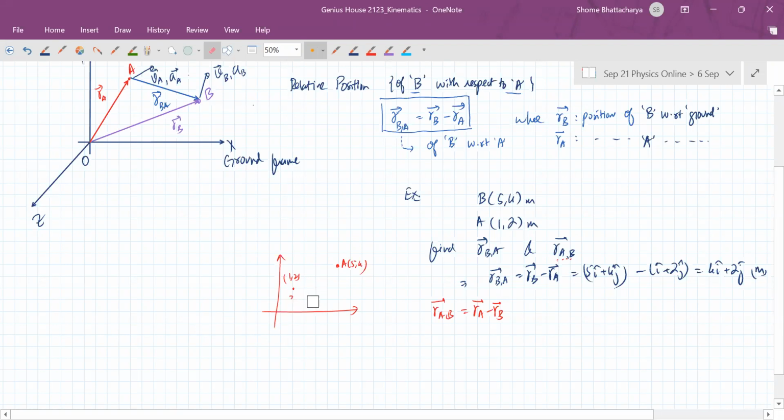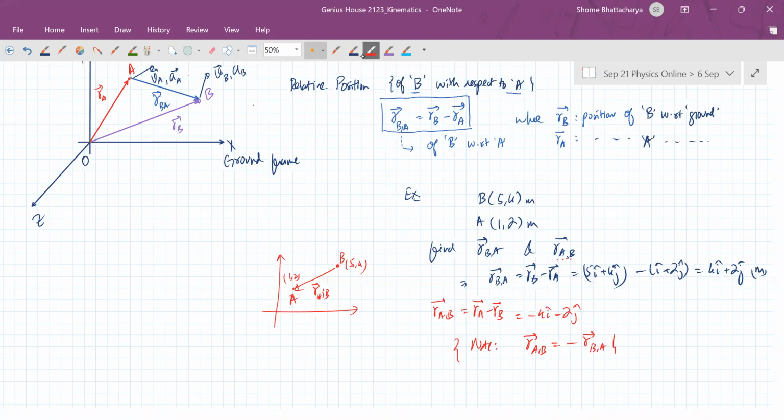This is A and this one is B. So the position is this vector that you can see through the formula will become minus 4 i cap minus 2 j cap. So in general, you can see that the position of A with respect to B is equal and opposite to the position of B with respect to A. They are equal and opposite vectors. If one is like this, then the other is like this.